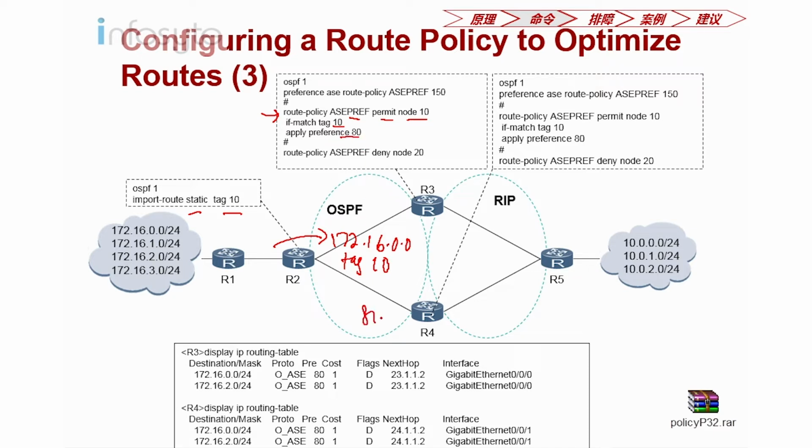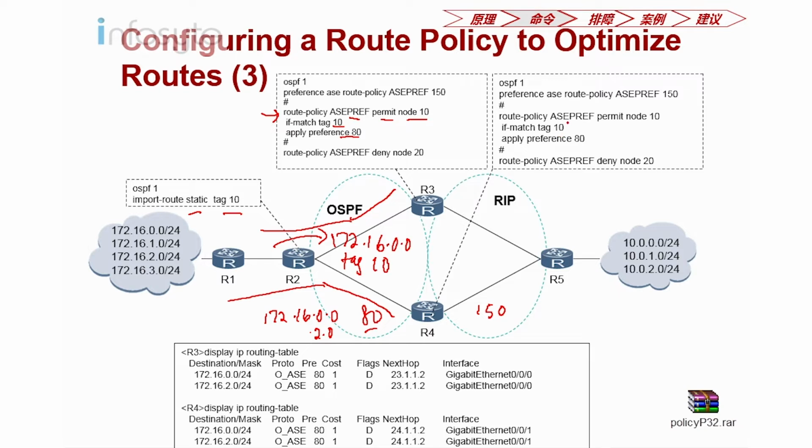So now I have an 80 here representing 172.16.0.0/24, versus the preference of 150. So R4 will actually send to the right path. Now the same goes for R3, as R3 may also be affected by the loop. So we are going to do the same thing on both R3 and R4.